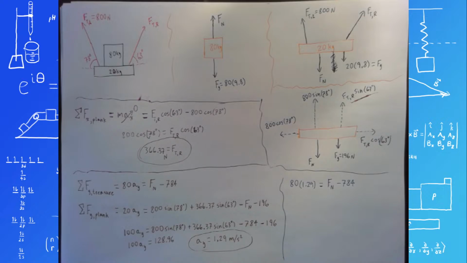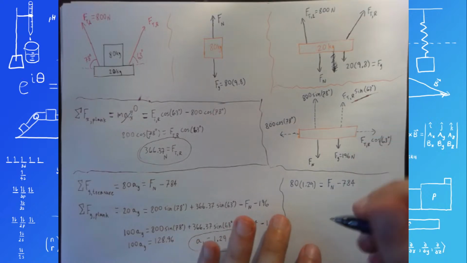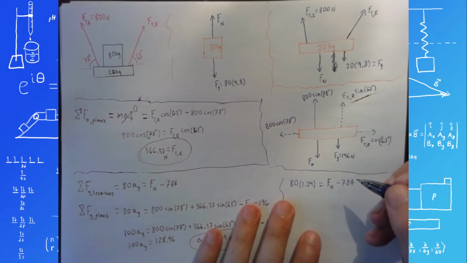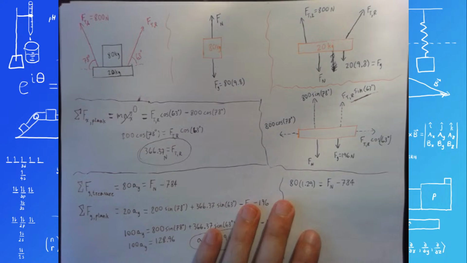So either way, the treasure moves up, which means it's not falling back into the ocean, which means, yes, the pirates do get their treasure. Anyway, 80 times 1.29, and add the 784 to the other side.